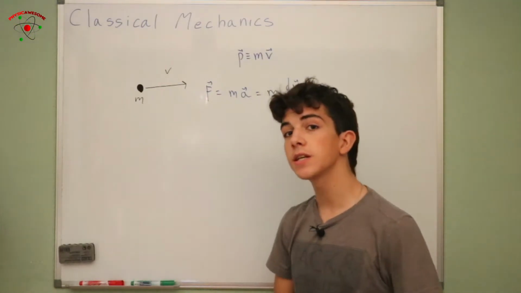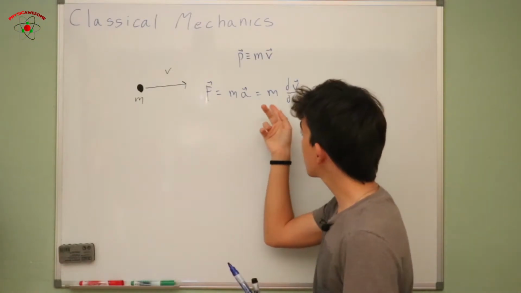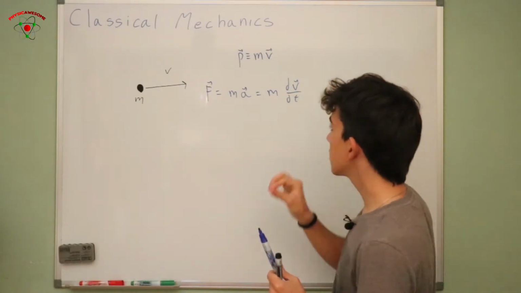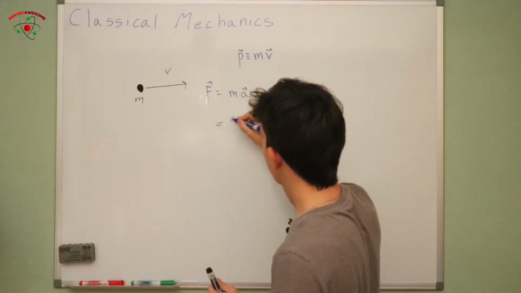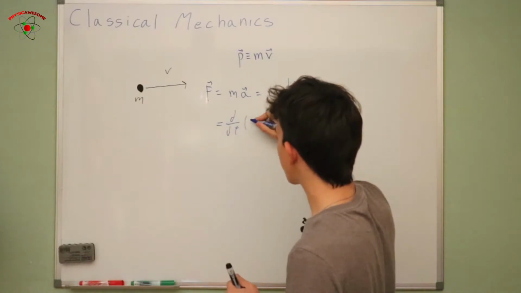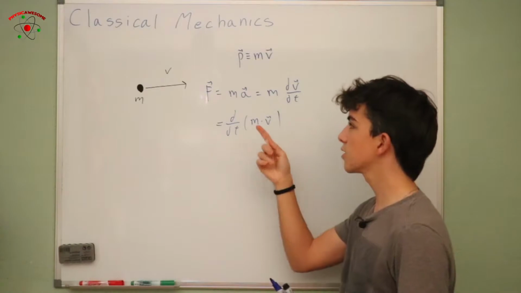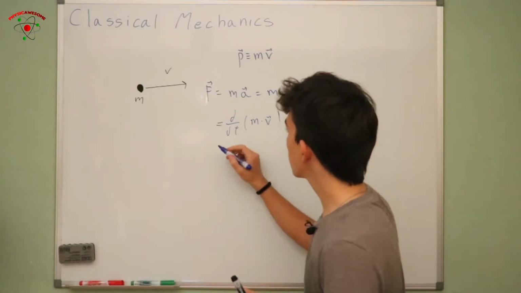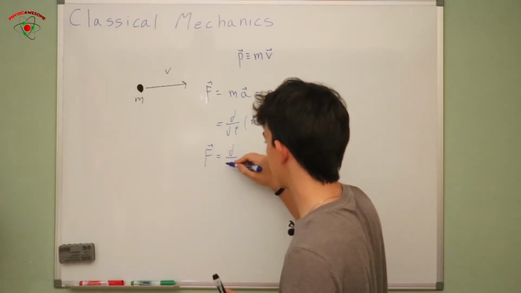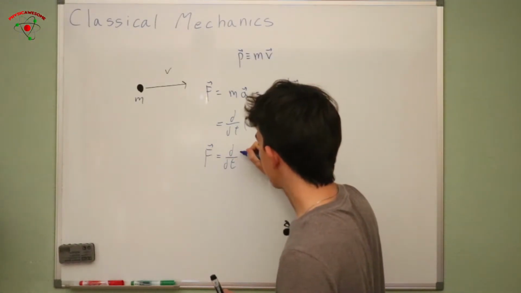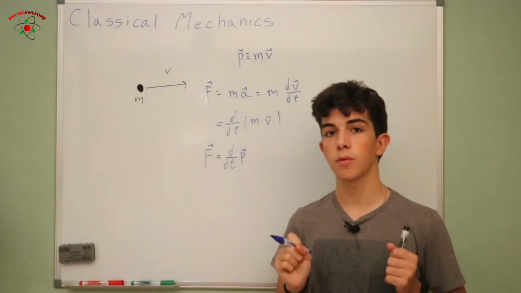But now we see that if the mass is time independent, we can take it and put it inside of the differential. And this is d/dt of mass times velocity. And what is this? This is momentum. So we can redefine Newton's second law and also extend it as d/dt of p, the time derivative of momentum.